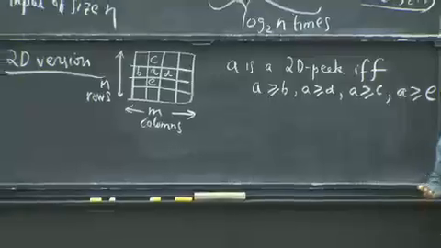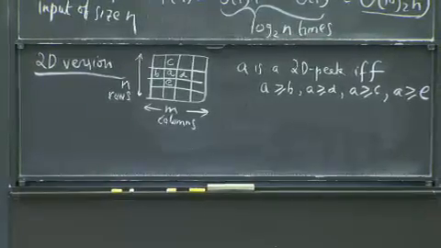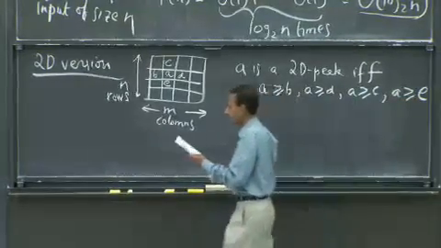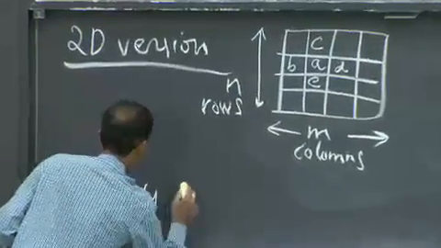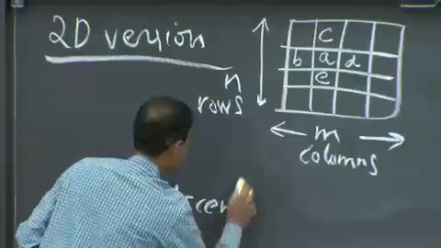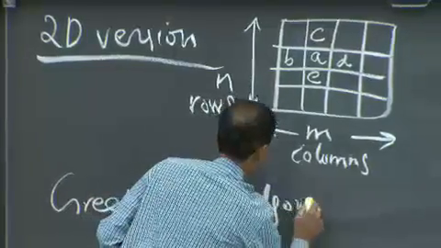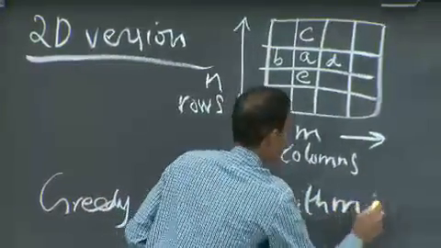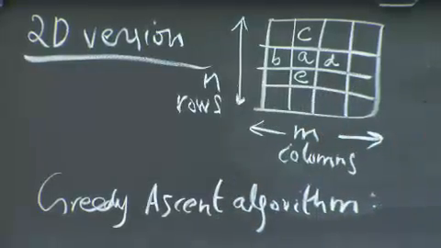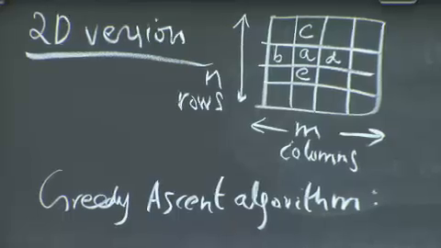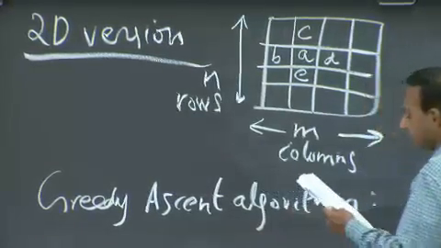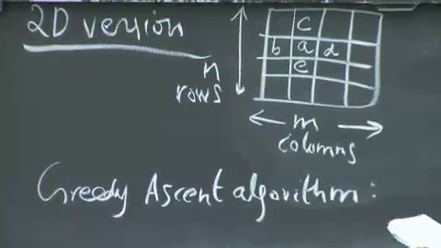Now, again, I'll give you the straightforward algorithm, and we'll call it the greedy ascent algorithm. The greedy ascent algorithm essentially picks a direction and tries to follow that direction in order to find a peak.